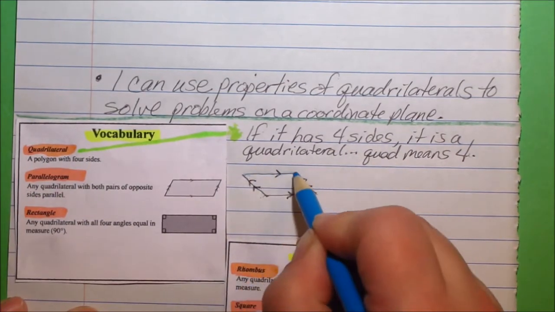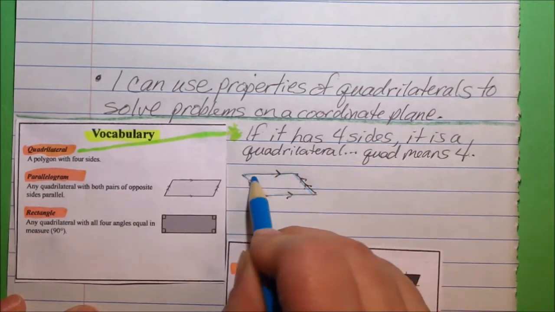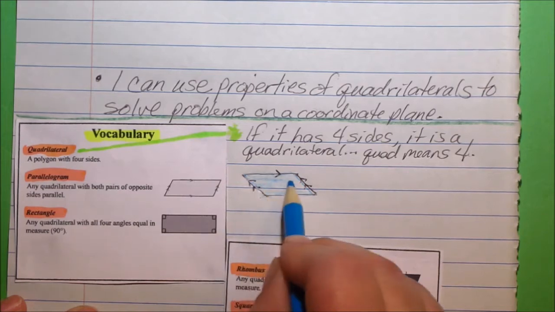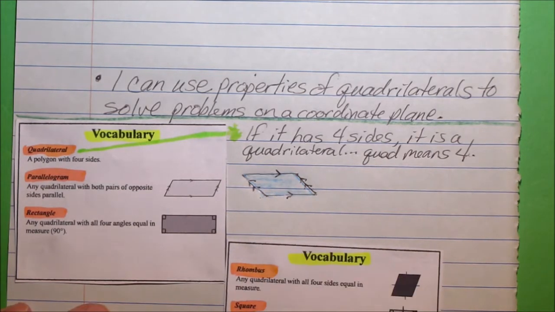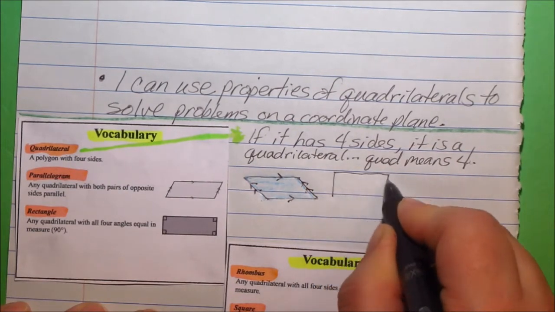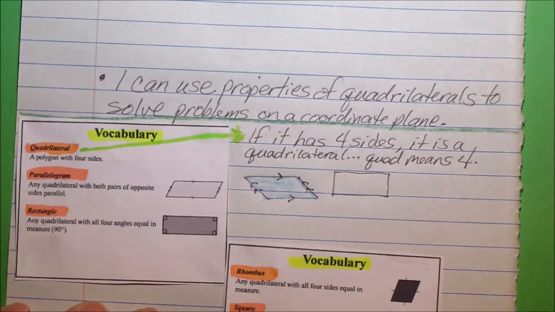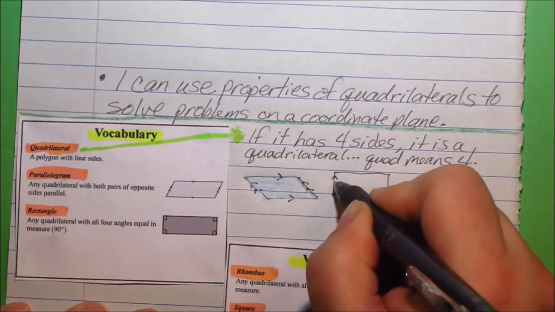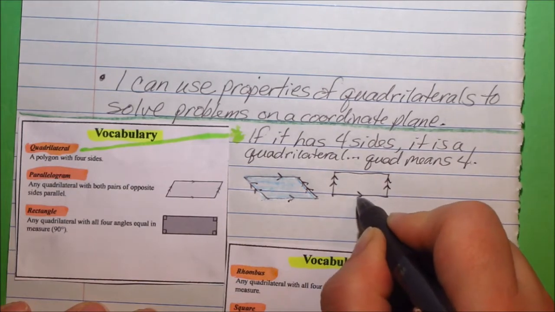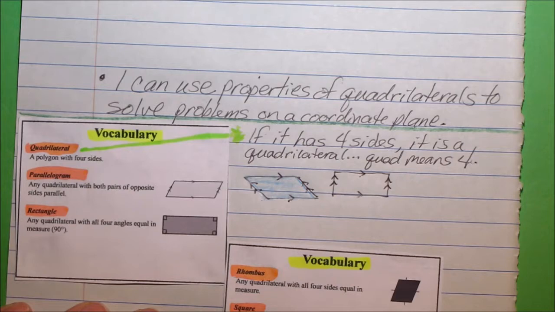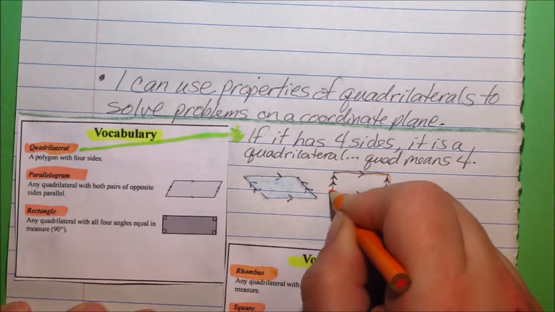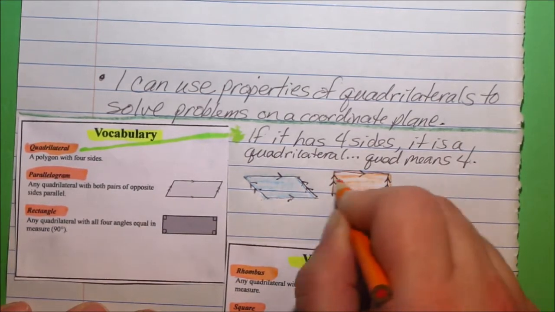So this would be a parallelogram because it has both pairs of opposite sides parallel to each other, right? Well, so would what we call a rectangle. A rectangle is a parallelogram because this side is parallel to this side, its opposite, and this side is parallel to this side, its other set of opposites. So this rectangle is also a parallelogram.